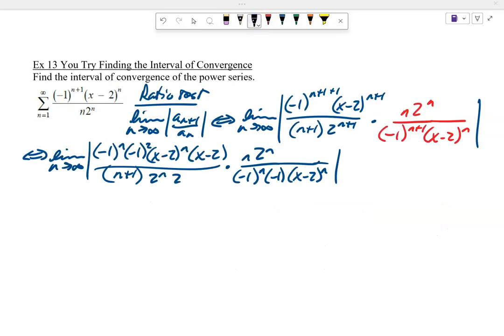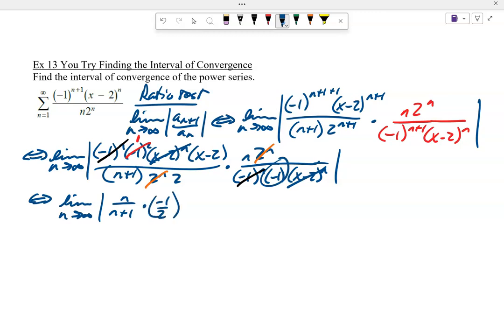All right, I've written out my ratio test. I'm going to start canceling stuff now. Negative 1 squared is just a positive 1 right there. Looks like I've got the limit as n goes to infinity of n over n plus 1. I'm going to take that negative up top, so I have negative a half, and then I've got that x minus 2.